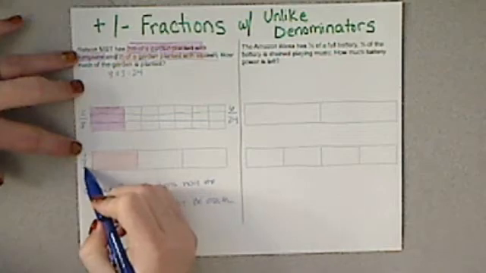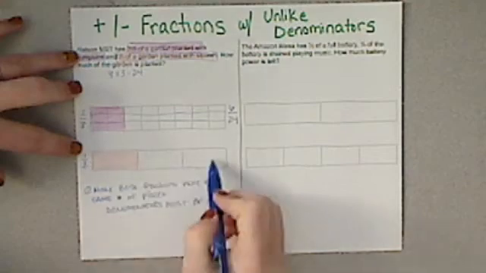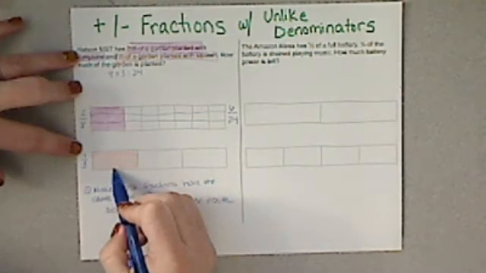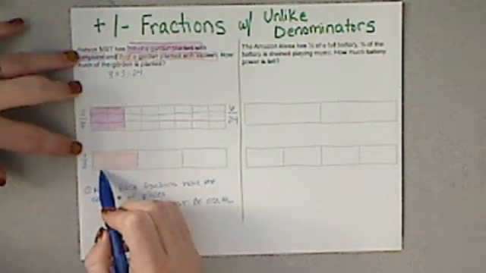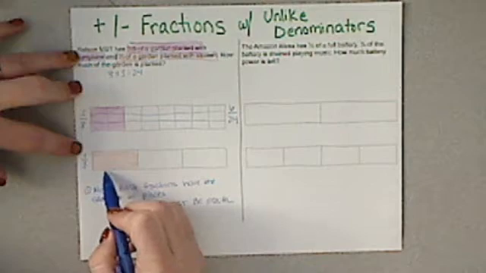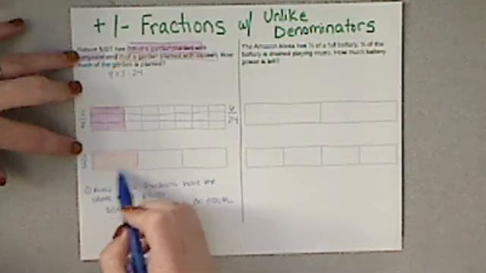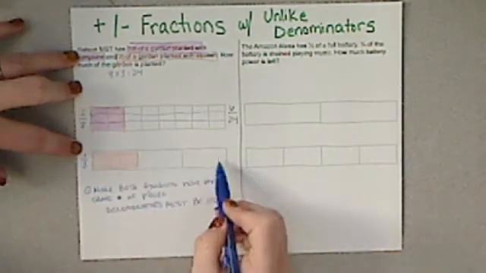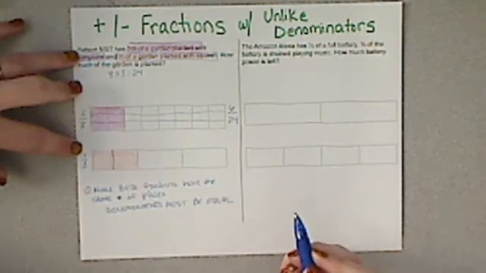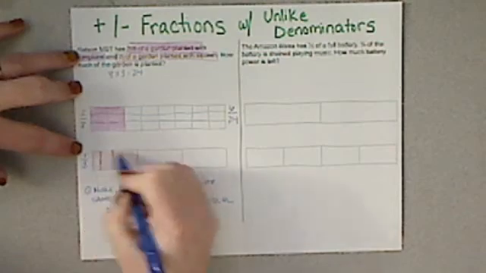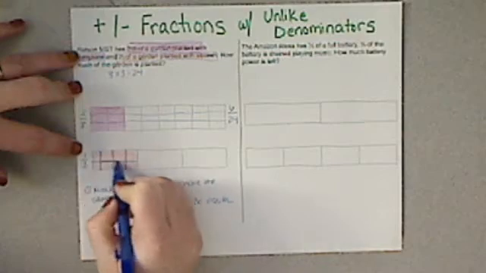Now for my second fraction, I still need to somehow turn this into 24 pieces. That means that each section needs to be broken into 8. I could do this a couple of different ways, but in my mind, I know that this needs to be 8, this needs to be 8, and this needs to be 8. So there's 2, there's 4, and that makes it 8.